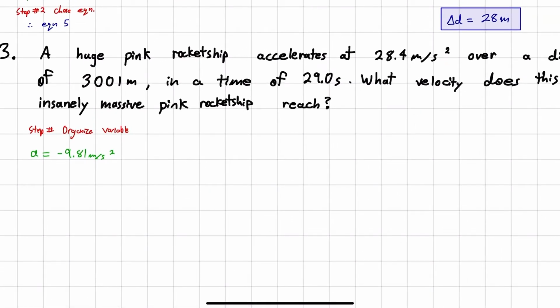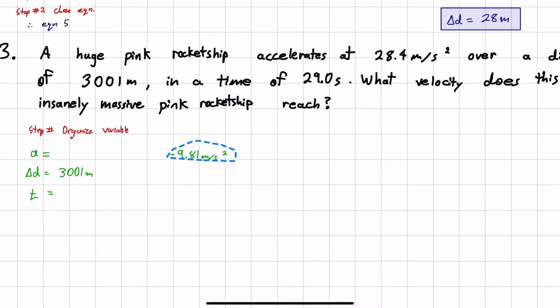Then our second variable that we are given here, so 3,001 meters as our delta d. And then our time. Oh, my apologies here.